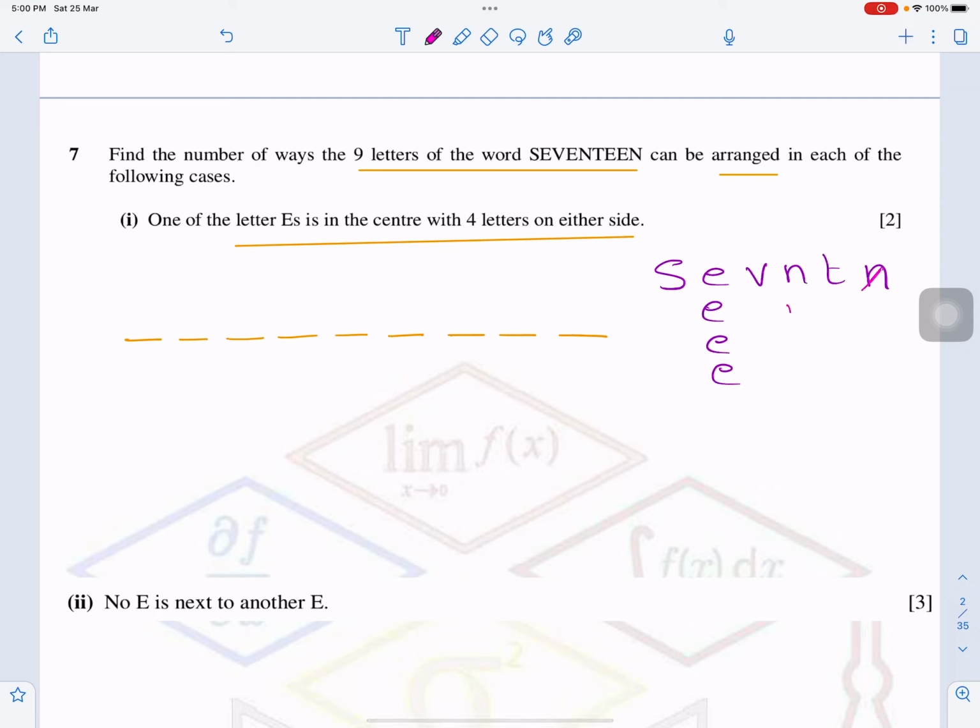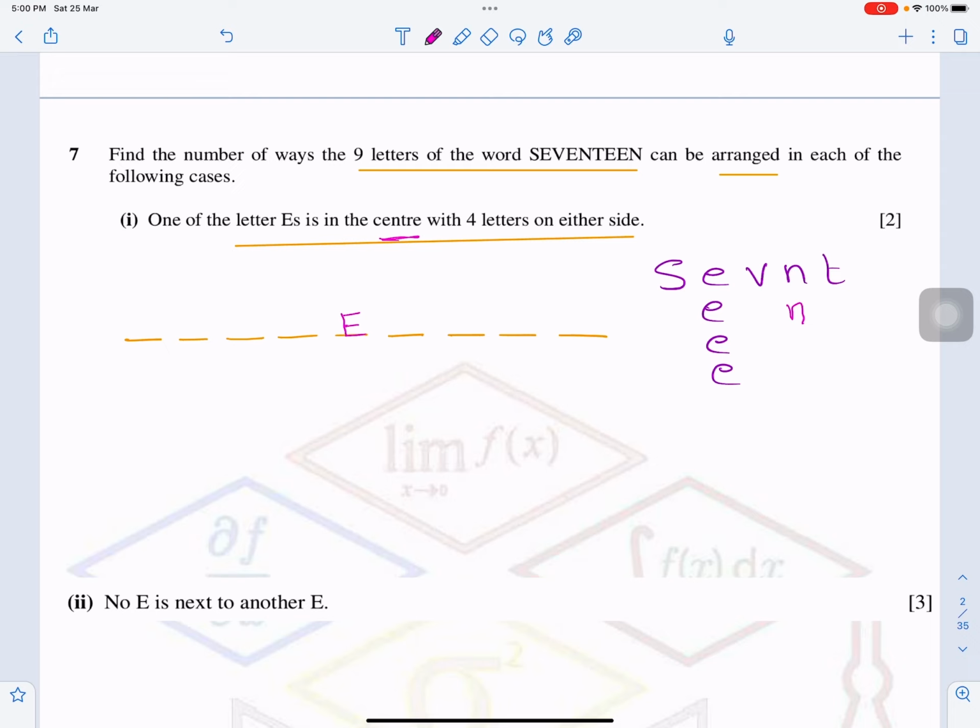If you see here, there are 4 E's, 2 N's, and altogether they are 9 letters. So I have put here 4 dashes on each side. When the question is talking about the center position, the center position will be at the 5th place. So let's write E here. Now in how many ways can you arrange the remaining?